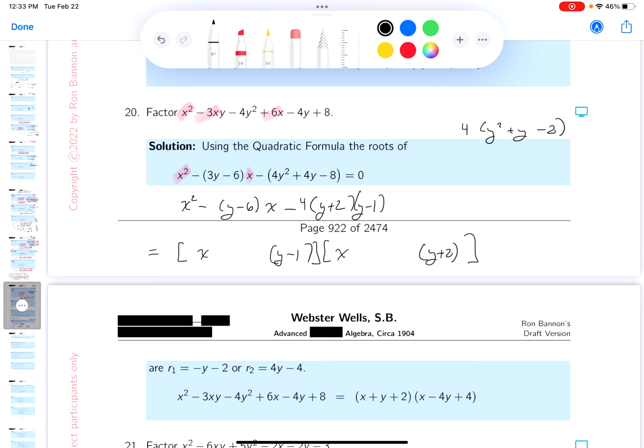Let's take a look at that. And I got to get a 4 somewhere, don't I? It could be a 4, a 2, and a 2. I'm going to put the 4 here. All right, let's see if I get that. I get 4y.